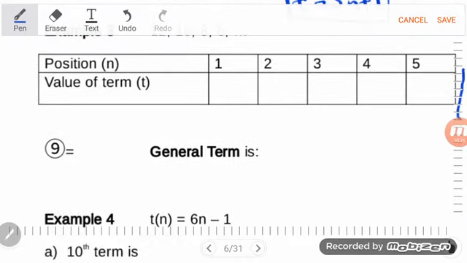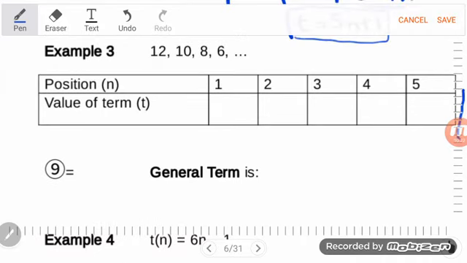Let's see if I can help you see that. Okay. We've got 12, 10, 8, 6. What's step number 1? That's right. Step number 1 is fill in this table. Position 1, our first number, 12, 10, 8, 6. What's our difference?